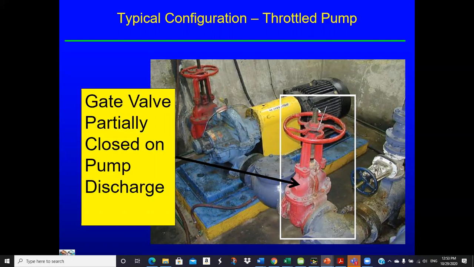And see how this stem is further down than this stem? This stem probably goes clear up to here because as you turn that handle, it backs that gate off and that stem goes way up. So you can look at the stem position. On the suction side, you're almost always going to be open.